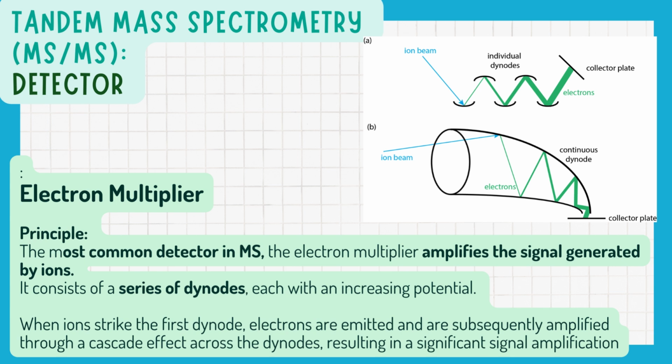When the ions strike the first dynode, electrons are emitted and are subsequently amplified through a cascade effect across the dynodes, resulting in a significant signal amplification. So in the end, once it reaches the collector plate or detector plate, there is already a significant signal amplification in our electron multiplier.